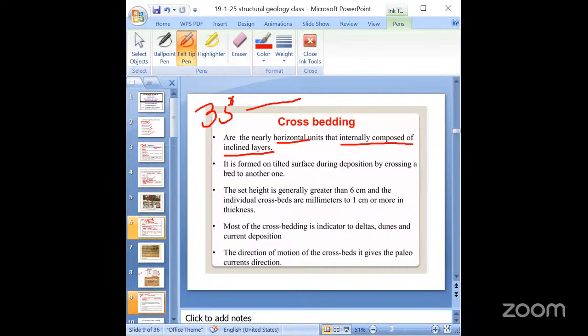It is formed on a tilted surface during deposition by one bed crossing another one. So the set height is generally greater than how much? 6 centimeters. And the individual cross beds are millimeters to 1 centimeter or more in thickness, right?